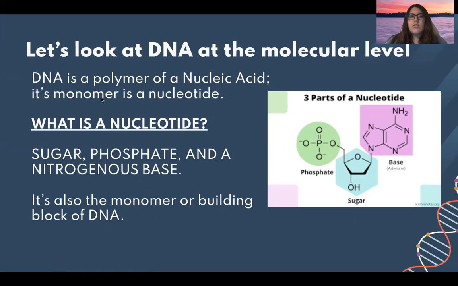So what is a nucleotide? Well, a nucleotide is made up of a sugar, a phosphate, and a base. These three parts make up our nucleotide. They're very essential and important to how our DNA is structured. Remember that it's the monomer, or the building block, of DNA.